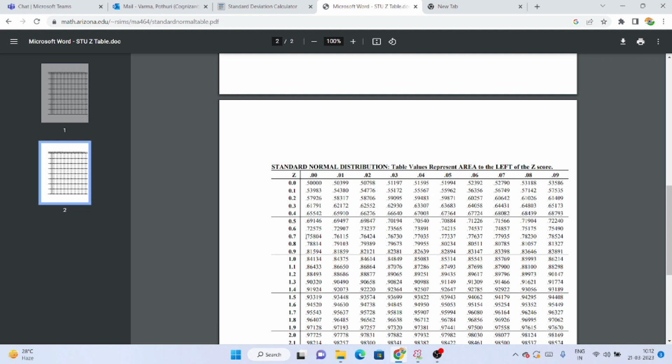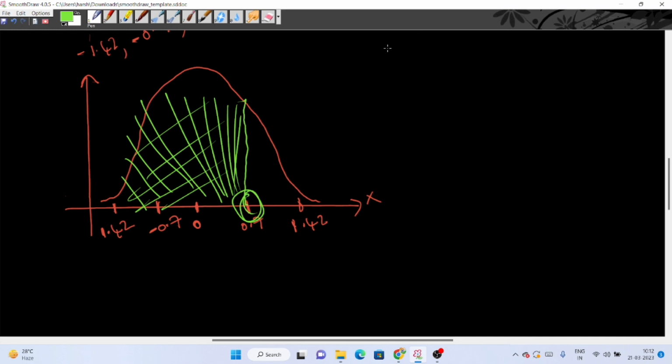The data which comes under this area is nothing but 0.75. That means the total area up to this particular point is 0.75.